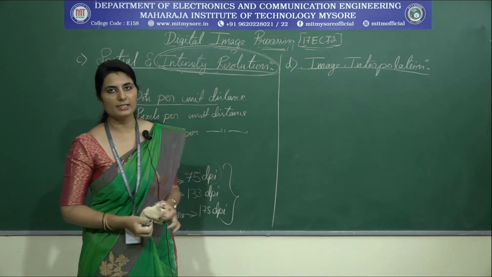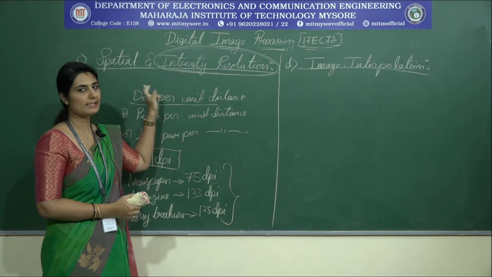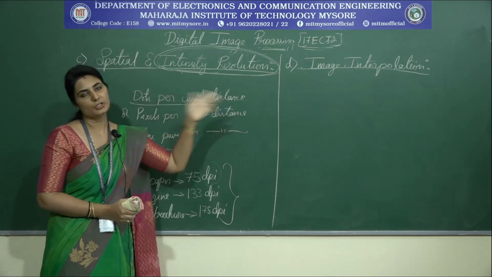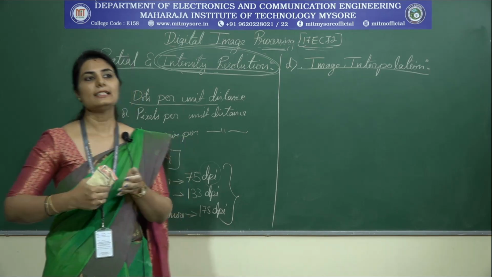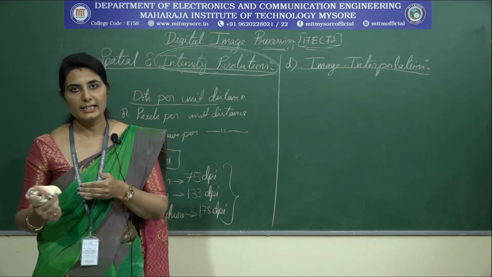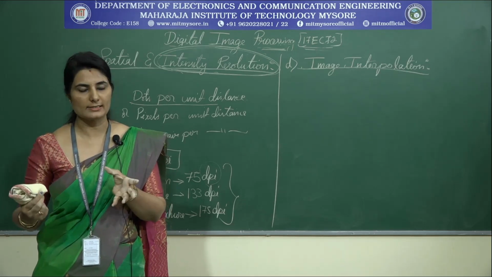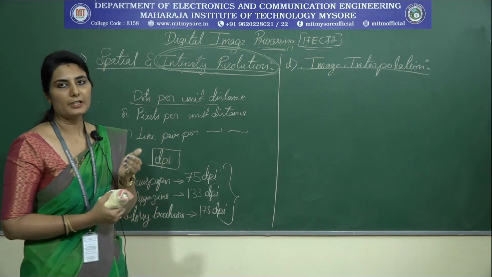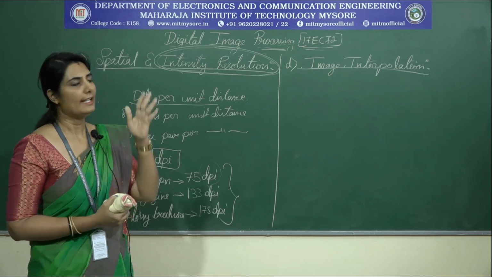Before going with image interpolation, I just want to give some examples for spatial resolution and intensity resolution. As I told earlier, as the number of pixels per inch increases, the resolution and the image quality also increase. To illustrate the effect of reduction of spatial resolution, let me consider an example.